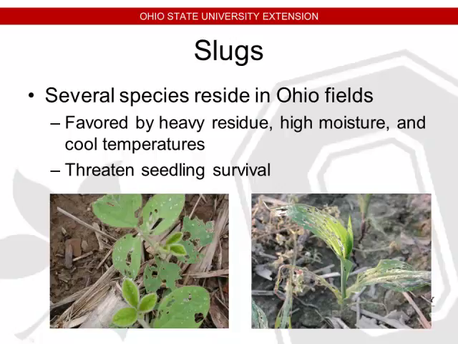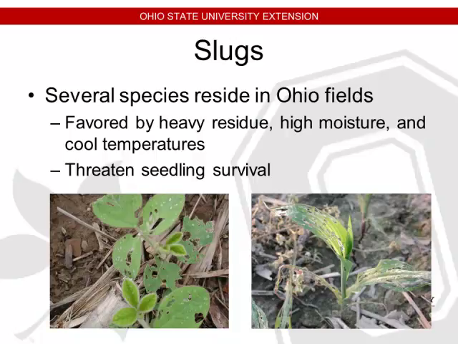They have in their mouths what is called a radula. And if you look at that underneath a magnifying glass or underneath a microscope, it looks like a rasping file. And they use that rasping tongue to scrape plant tissue away, giving this kind of appearance in soybeans and this kind of appearance in the corn seedlings.